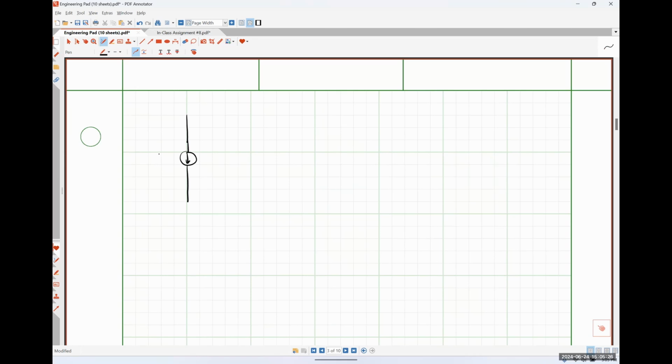a current source like so. So this is 6 amps. Then I have a 4 ohm resistor. This guy is a 2 ohm resistor.